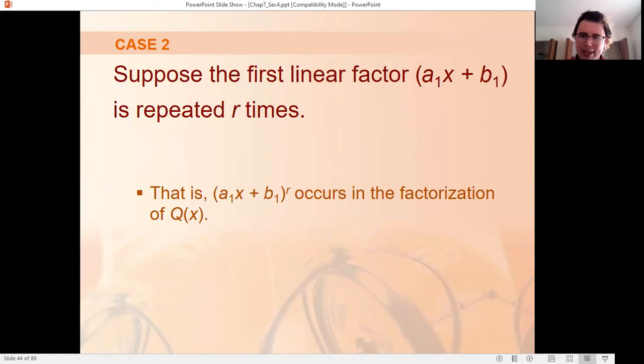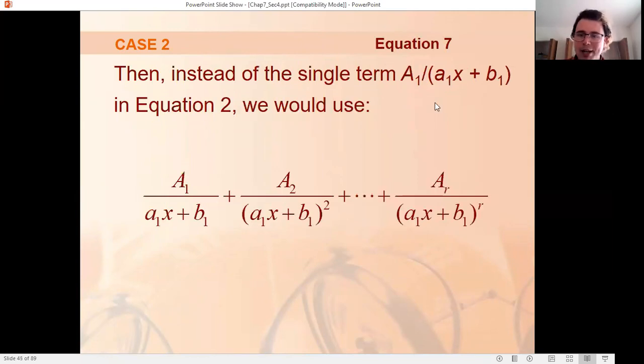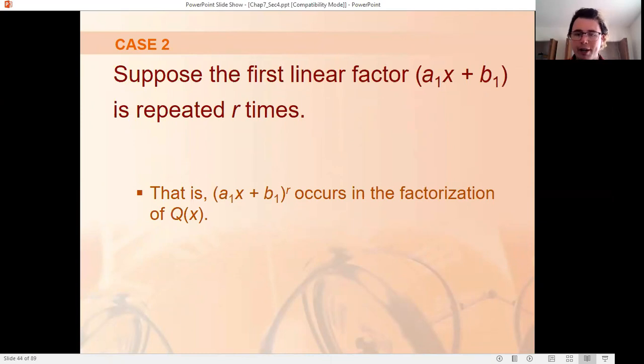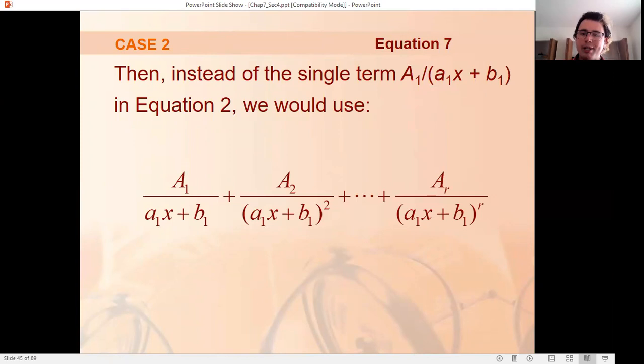So let's say that this term, a1 times x plus b1, is repeated r number of times. If r is the exponent associated with this factor, that factor is going to have r many fractions.